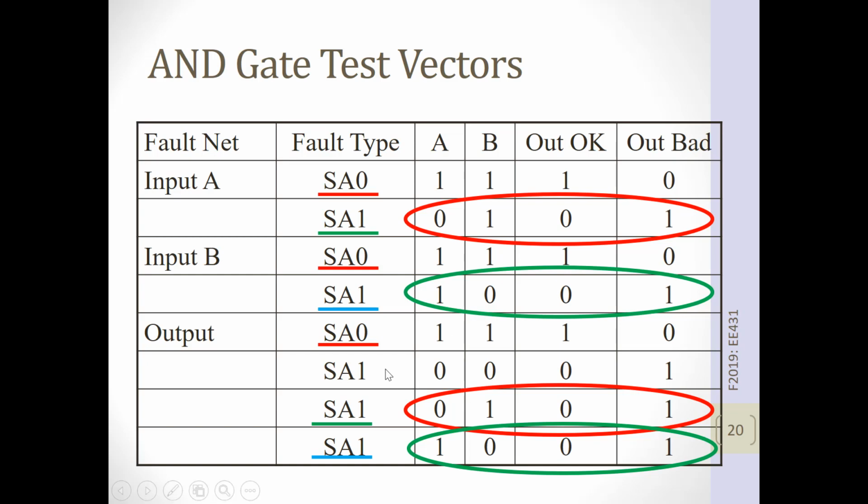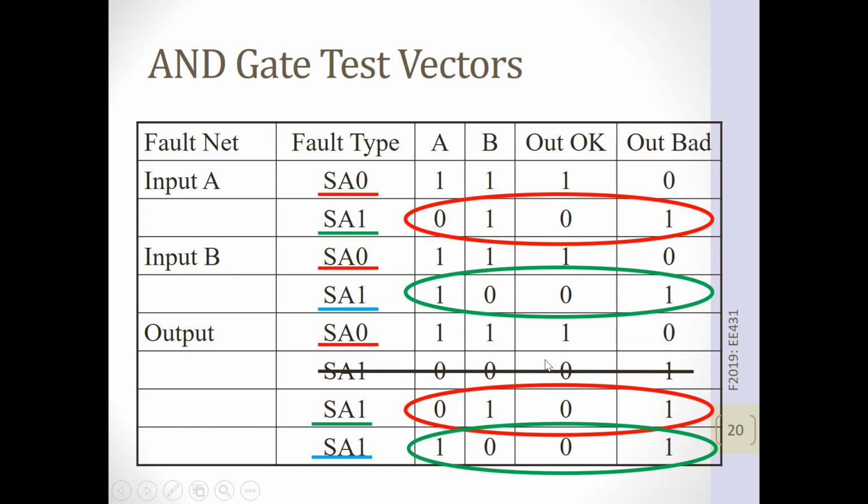And notice that you've already done a stuck at 1 fault test at your output. So this would just be a redundant test. If you did one of these tests, then this would just be a redundant test because you're checking if you get a 0 at the output or 1 at the output. And these both do that for you. So now you have the red test, the green test, and the blue test.